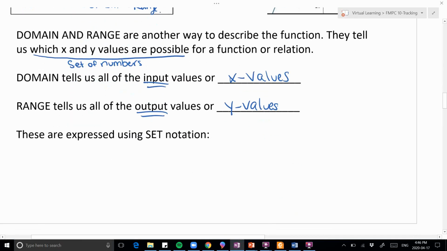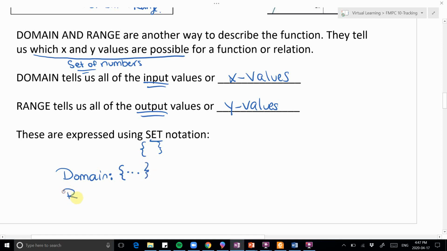We use set notation. Remember I said that X and Y are talking about a set of numbers. We have a special symbol that shows that we are talking about a set of numbers. And the set symbols are these fancy brackets. So we would say domain could be anything, and I'm using dots for the numbers, but pretend that there are numbers in there, within that data set.